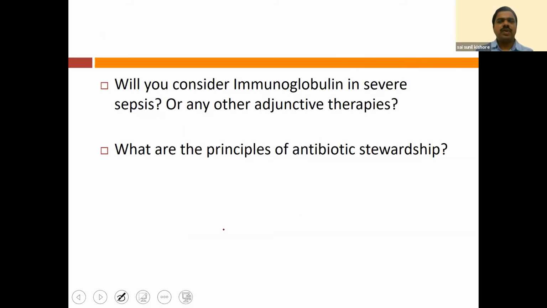If at all you are giving it, in a sick baby who is not improving with antibiotics or having septic shock or sclerema, in an occasional case you can start it as an adjunctive therapy on a one-to-one case basis. You can't formulate a general protocol like this is useful or this is not useful, but on a case-to-case basis, after discussing with the parents, you may occasionally start, because the evidence is not strong and evidence-wise it is not really that useful.